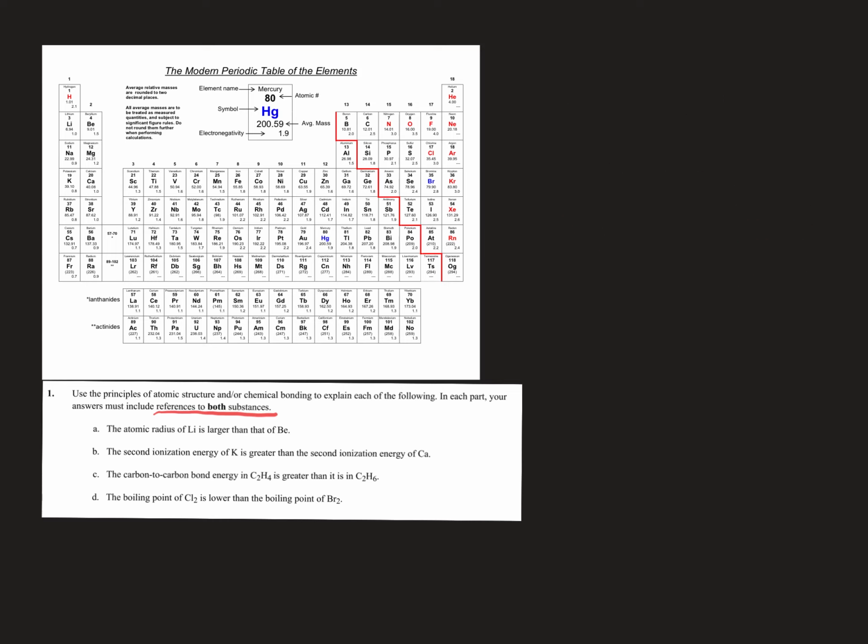Okay, and then the last one is the boiling point in Cl2, we're talking boiling point, is lower than the boiling point in Br2. So if we're going to compare boiling points, that means that we're talking about the strength of force.